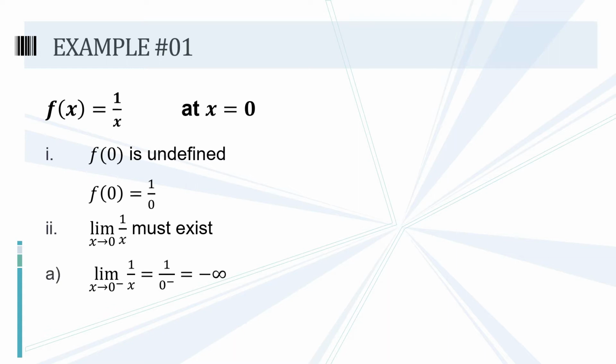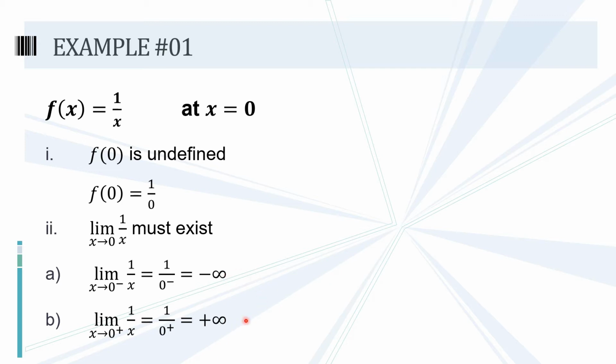So first, check natin, ano ba yung limit ng 1 over x as x approaches 0 from the left? That is just equal to 1 over 0 negative, or that is negative infinity. On the other hand, the limit of 1 over x as x approaches 0 from the right is just equal to 1 over 0 positive, or that is positive infinity.